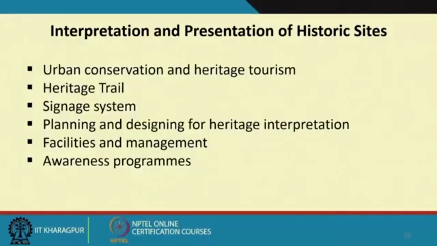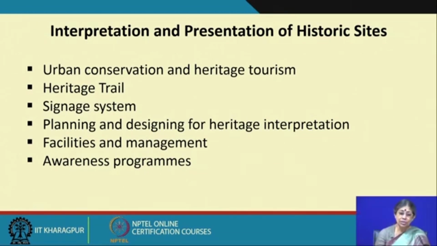A very important part of that is heritage tourism, heritage trails, heritage walkways, and the signage system, and how it can be very interesting, creative and innovative, and how we can plan and design for heritage interpretation. What facilities are required, how do you manage such properties, and what are the different types of awareness programs? How can it be an inclusive approach that involves all types of people, all ages, from a school kid to an old person, a disabled person?